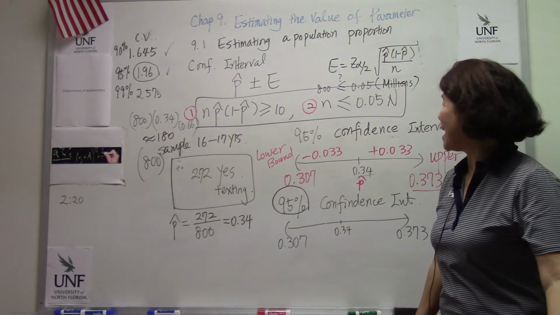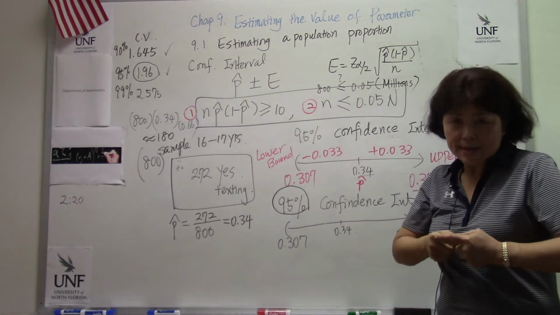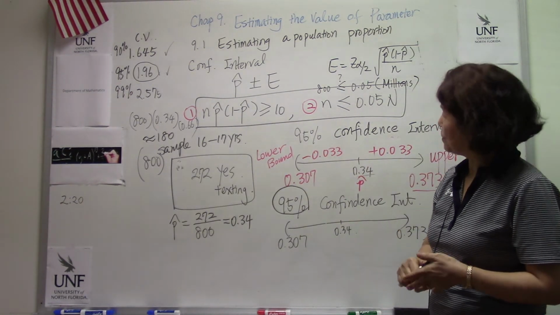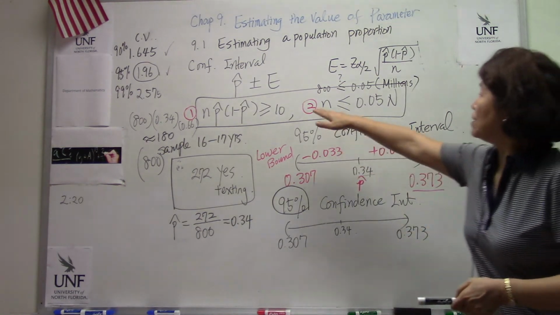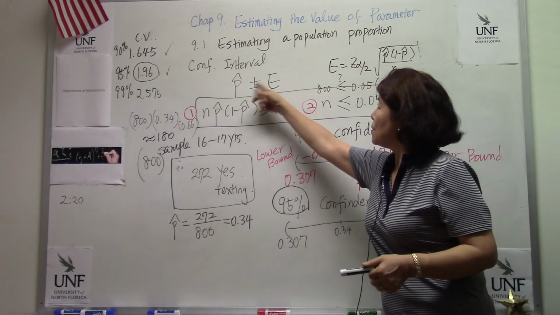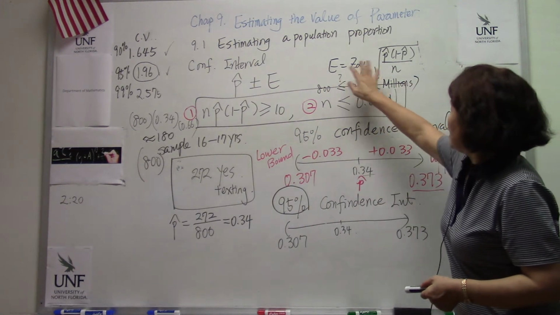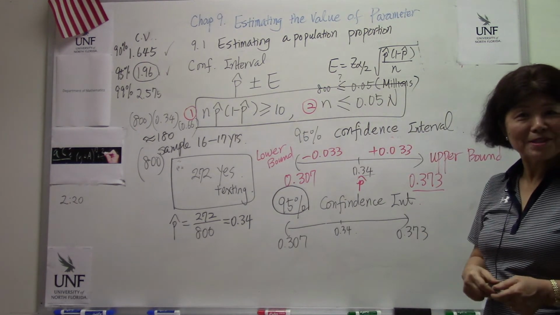That is definitely greater than or equal to 10. Once you verify that, you construct the interval based on this formula, and E is this. So it's not too bad.